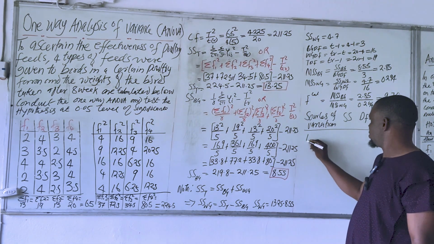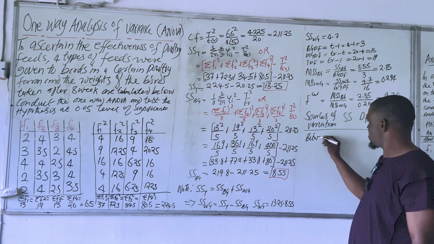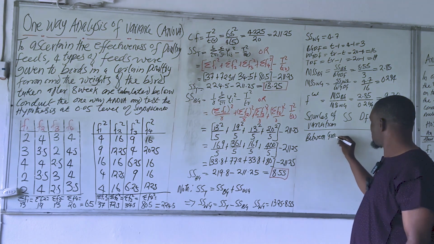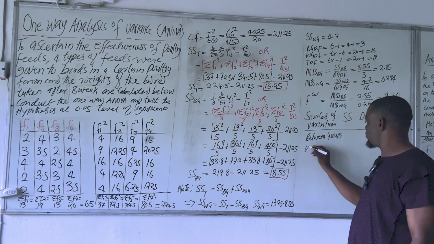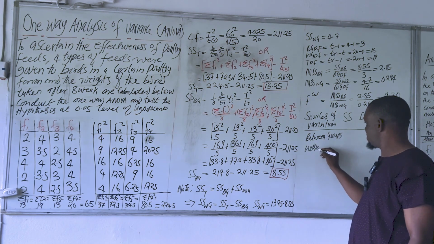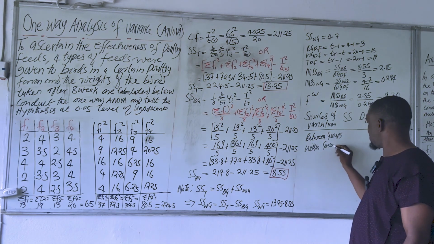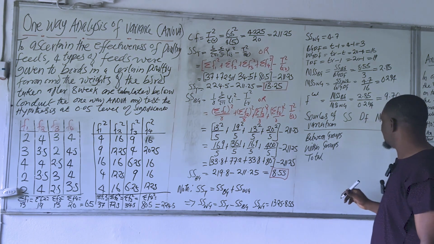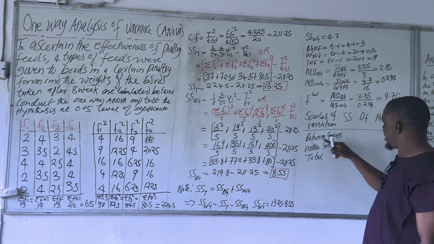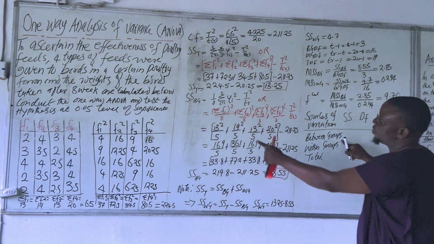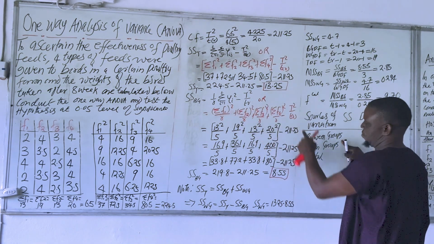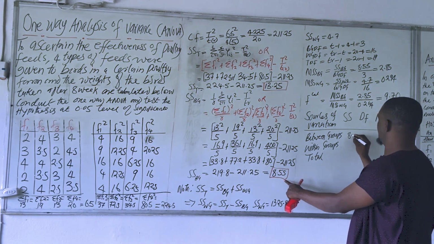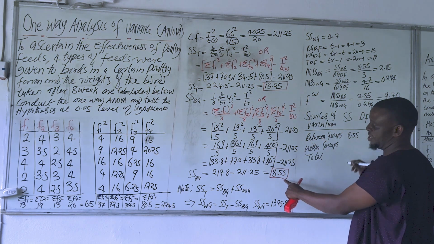So what are the sources of our variation? The first is between groups. Then we also have within groups. And then our total source of variation. Now, the sum of square between groups, we calculated as 8.55.